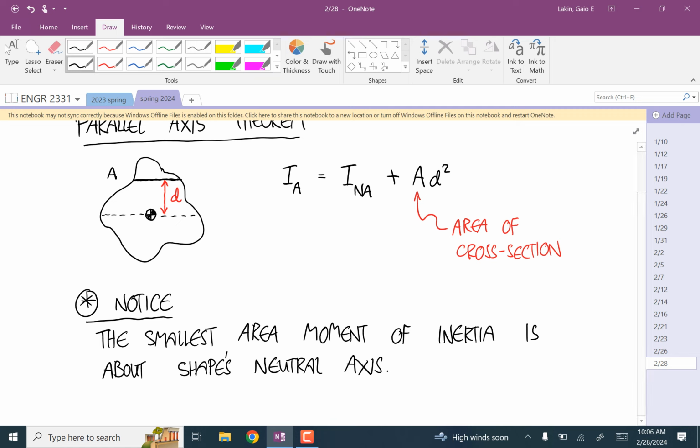So I_A is what we calculate from the formula, right? And then you're just going to add something to it given the distance.